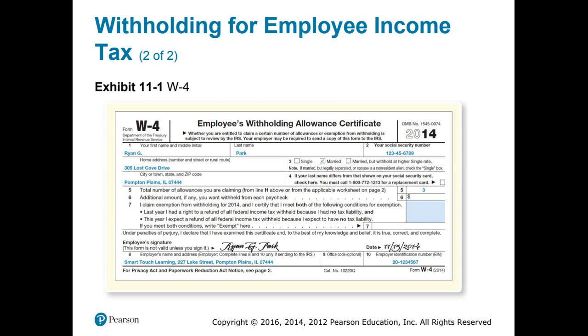But then down here in allowances, he's claiming 3. So what do we gather from that? They probably have a child. Yeah. So the employee, Ryan, is married, so he's claiming his spouse, but he's also got this 3rd allowance that he's claiming. So more than likely, they probably have a child.